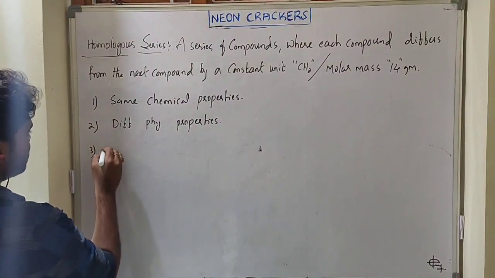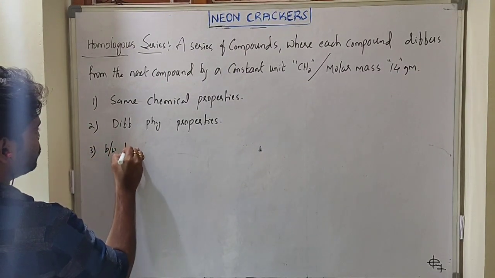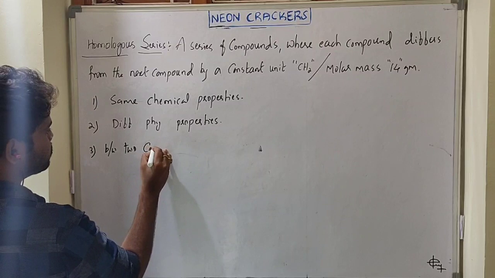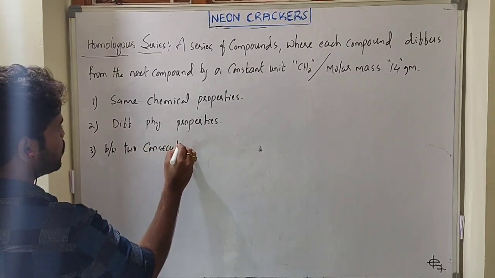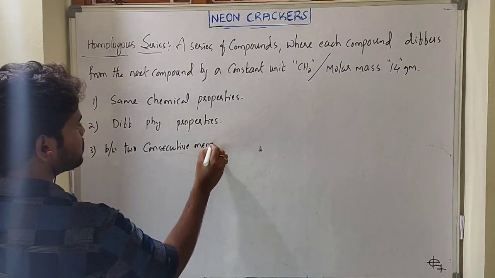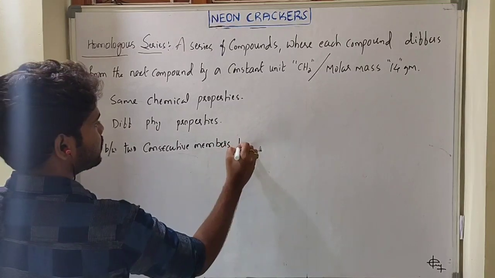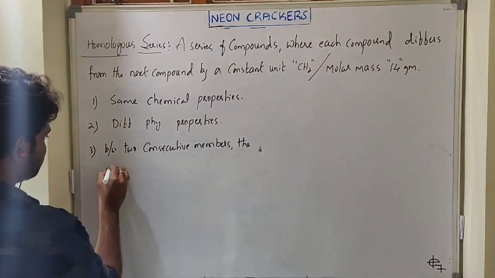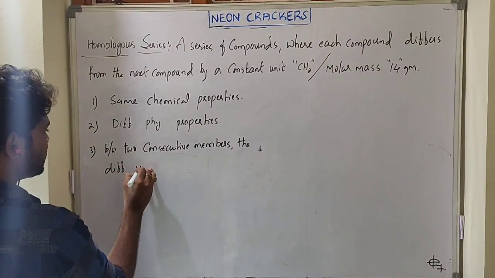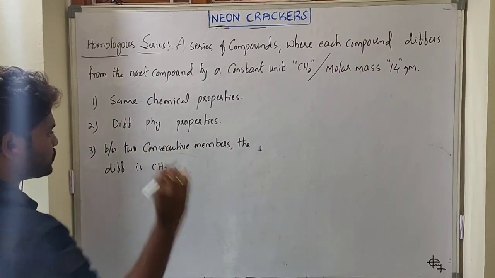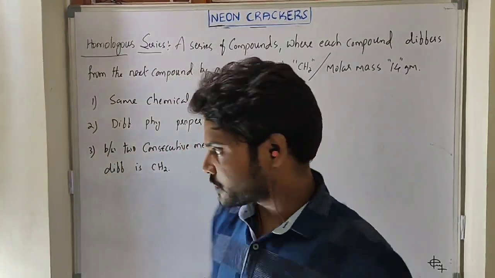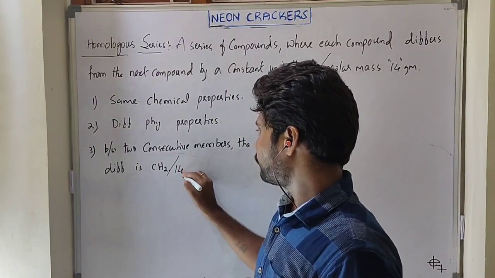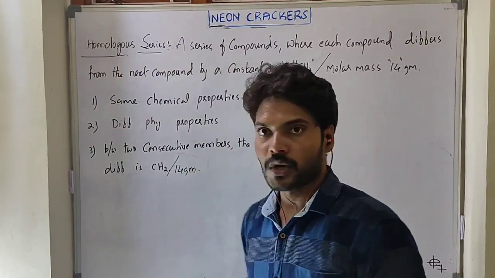And the third one is that between two consecutive members, the difference is CH2. Of course, you can say a 14 grams molar mass difference.